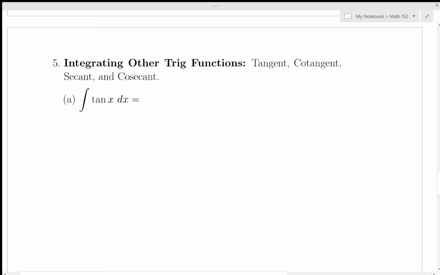So what do I do here? I recall that the tangent is the sine divided by the cosine. And once I write it like that, it makes it, I think, much more obvious that I can make a substitution, because the sine is the derivative of the cosine. So I will then let u be equal to cosine x, and that means that du will be equal to minus sine x dx.